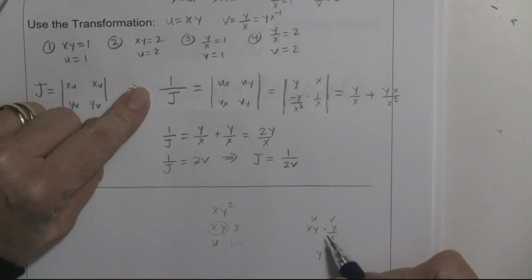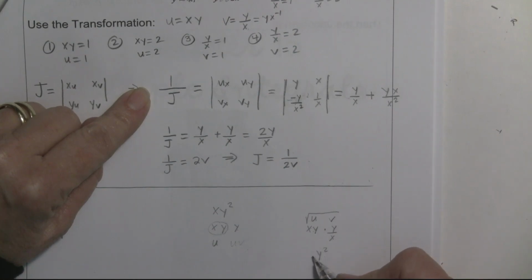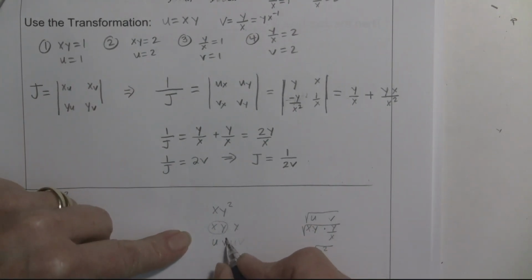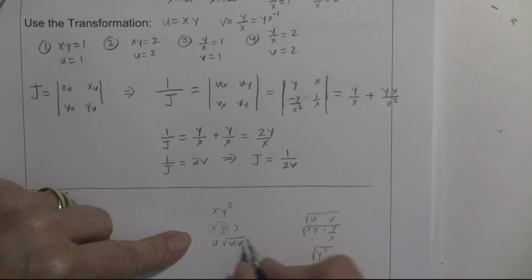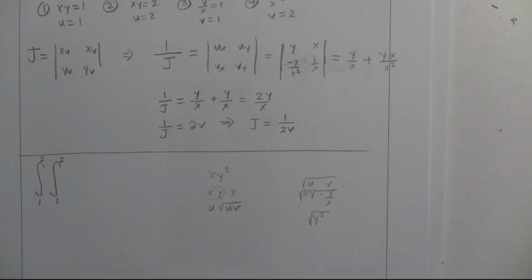So I wanted to multiply this together with this, and I get y squared, and I wanted to get y, so why don't I take the square root of that. And so I started having something like this, and playing around with it that way.